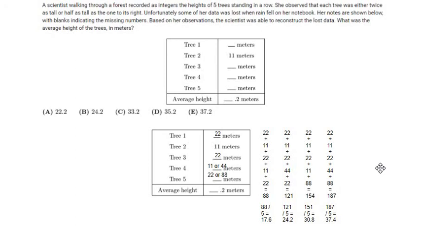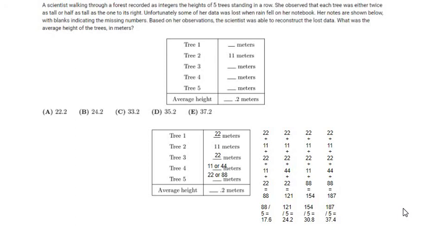Now let's check our other solutions to make sure we're getting the right answer here. So if we go on to the third possible combination of 11 and 88, here we see that it sums up to 154. And 154 divided by 5 is 30.8, which is not agreeing with our 2/10 of a meter rule.